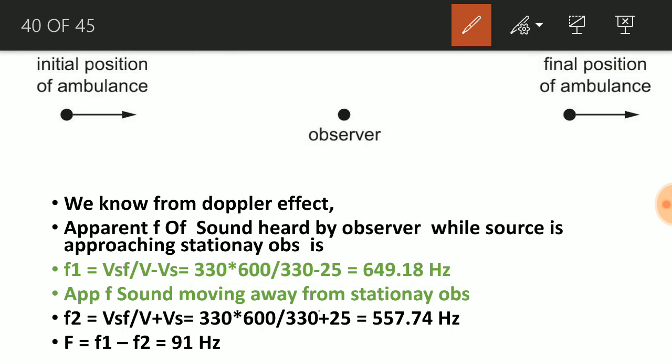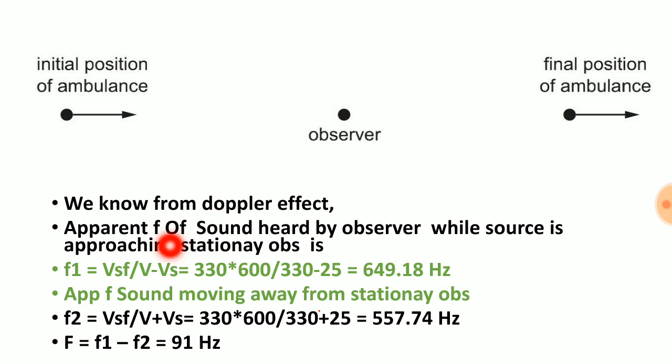Here this is v minus vs when the ambulance is approaching the observer, and we know v is equal to 330, frequency is given 600 Hz, and the source is moving with 25 meter per second. On doing this, our first frequency will be 649.18.